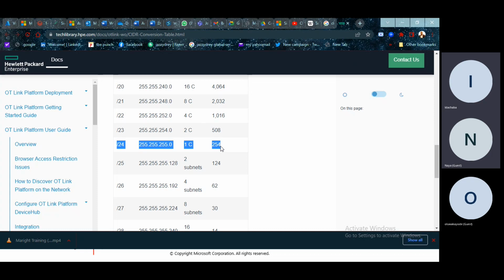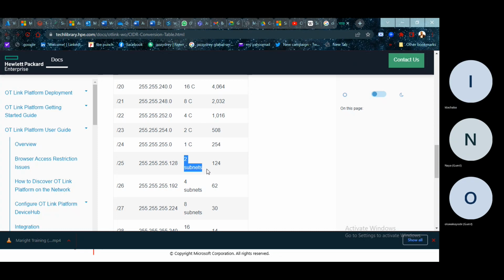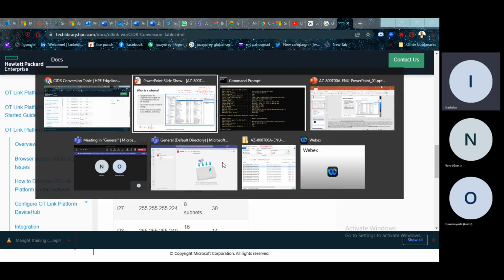I was only trying to explain that subnet to you. So now, when you have a network like this, you decide to break this into two. Look at this, two subnets. When you break it into two subnets, you can only have 124 computers in each. Let me go back.